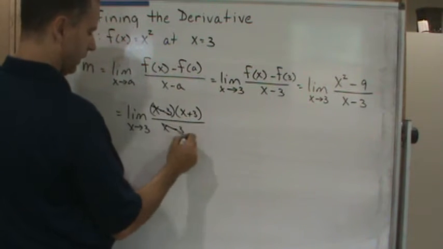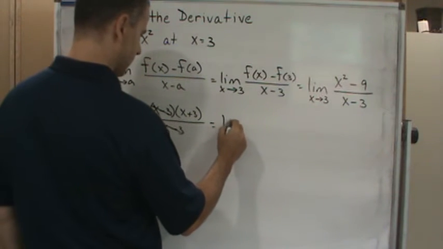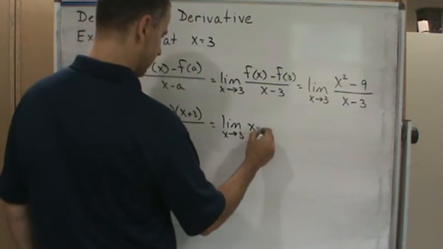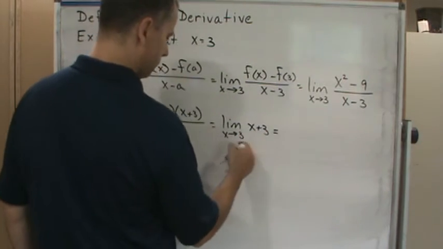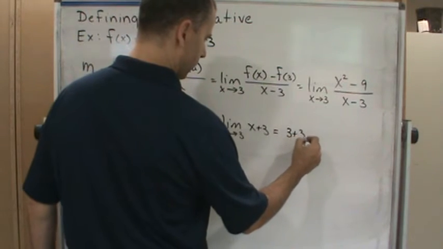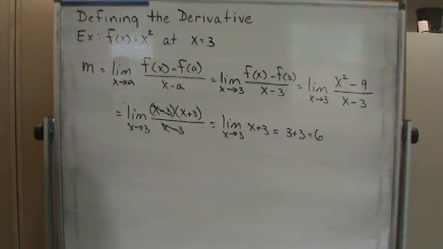And so the x minus 3 factors cancel, and we get the limit as x approaches 3 of x plus 3. Now we just plug in 3, and so it's going to be 3 plus 3, which equals 6. And so we get a slope of 6.